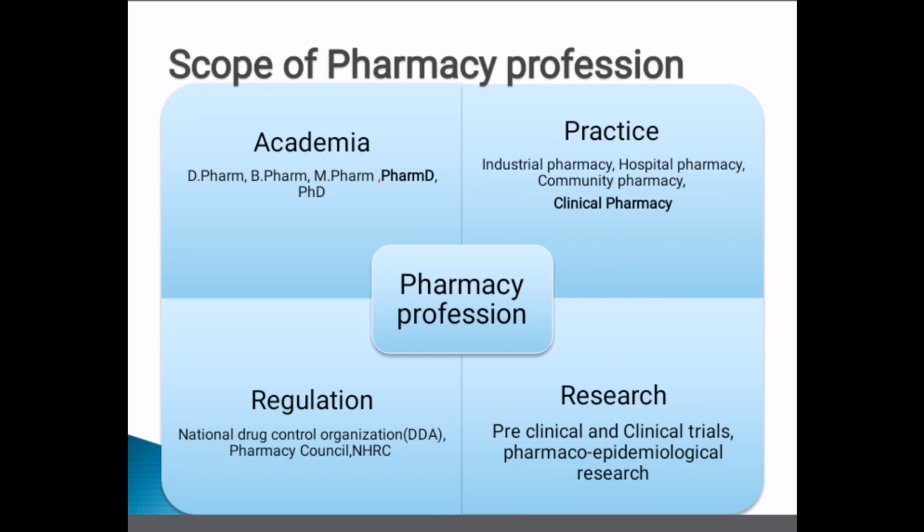In the research section, there is a lot of scope for pharmacy. A pharmacist can work as a research pharmacist. A pharmacist can conduct preclinical trials, clinical trials, and post-clinical trials, also known as pharmacoepidemiological research.